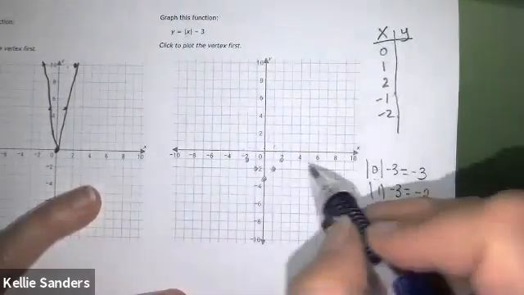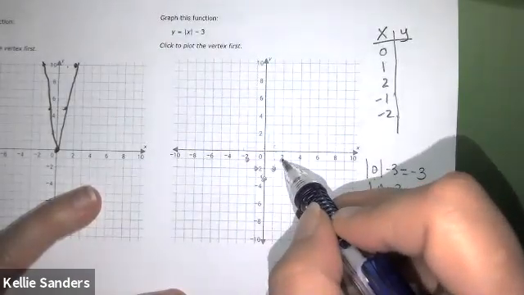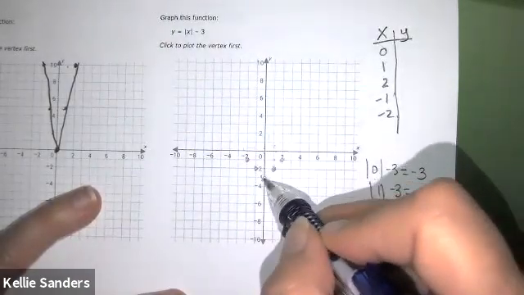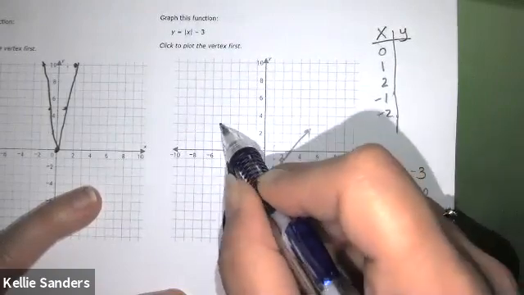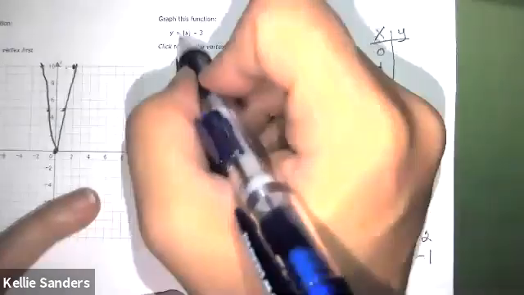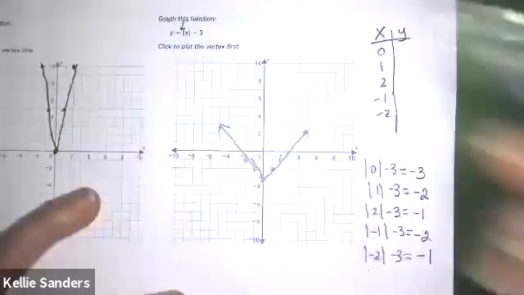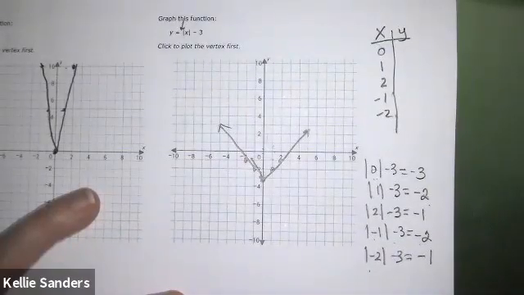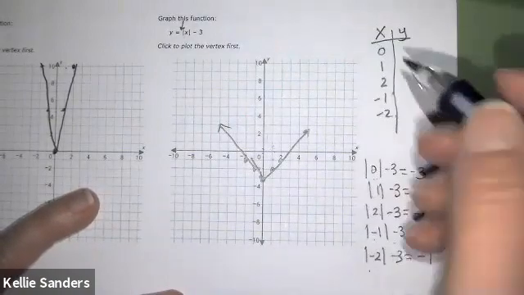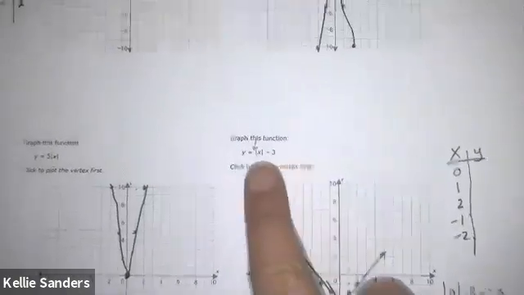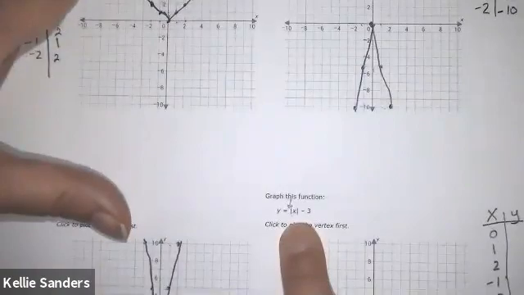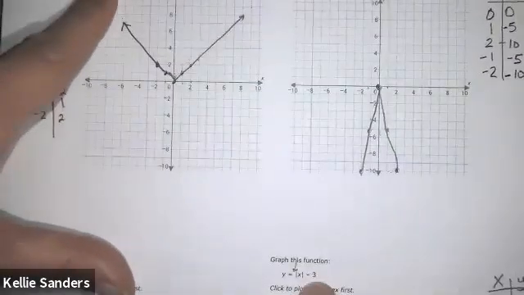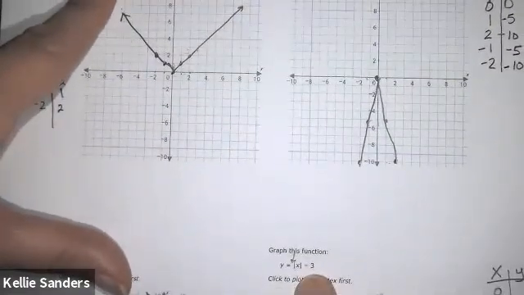Now we're back to that nice rise 1, run 1 type shape. You know why? Because there wasn't anything in front of the absolute value. So whenever there's nothing there, it's a rise 1, run 1. Now what happened from this graph to this graph, because they're both the absolute value of x with a negative 3 at the end?